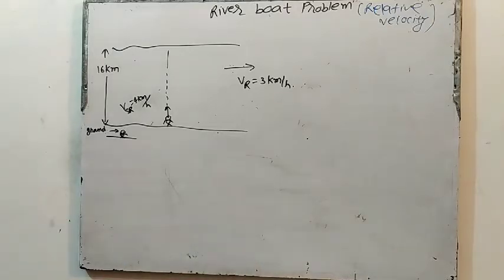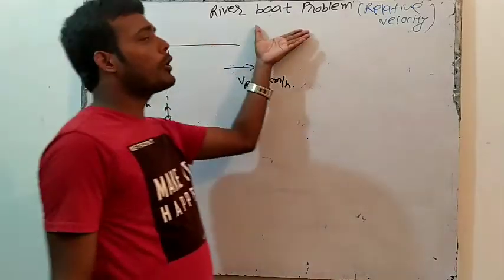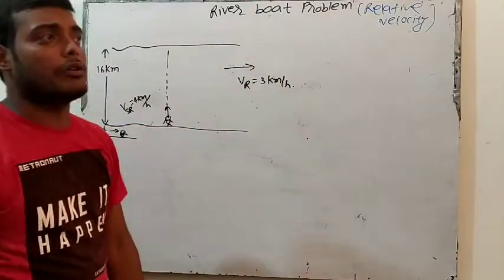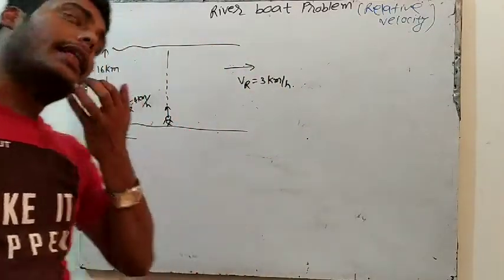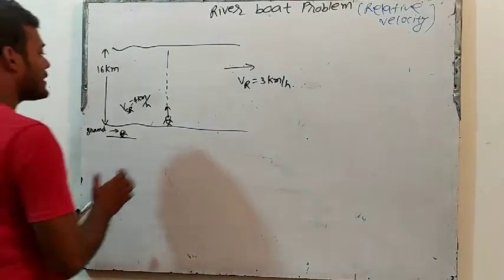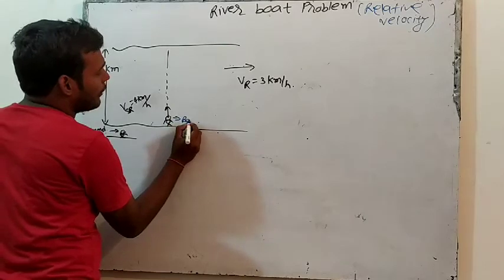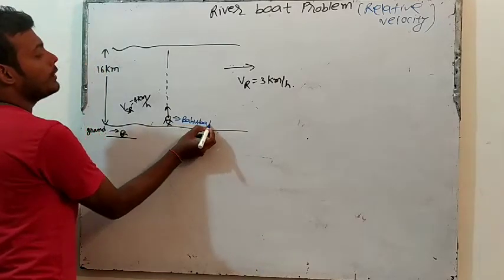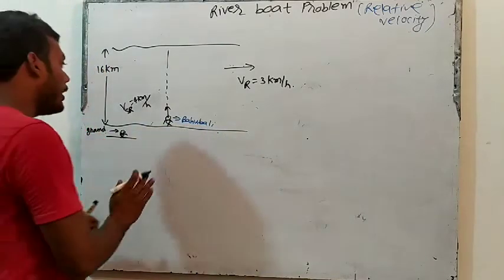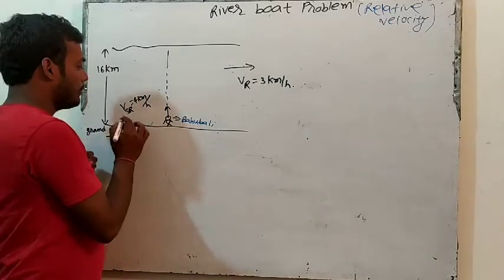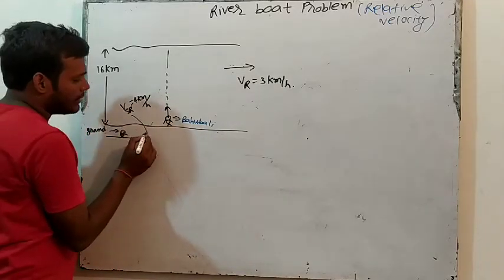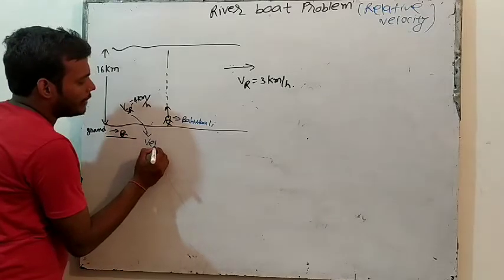So let us understand the river boat problem. This type of problem you are facing in mathematics also, but let us understand here how we will solve this. Let's say that this is our favorite Bahubali, and Bahubali is going.